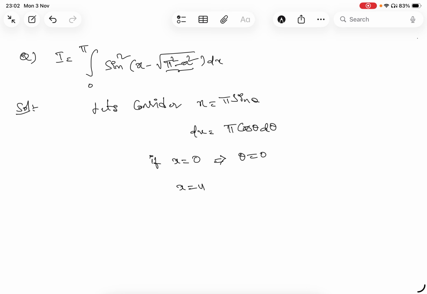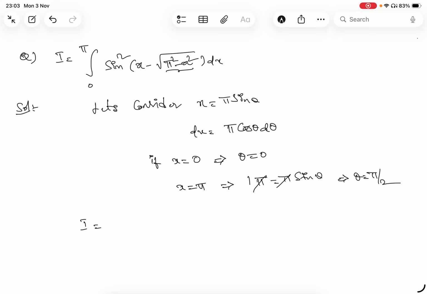If x equal to pi, that means pi equal to pi sin theta, then sin theta will be 1, then theta will be pi by 2.